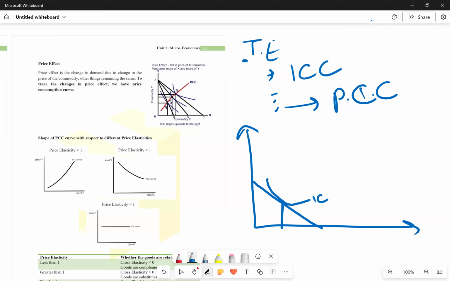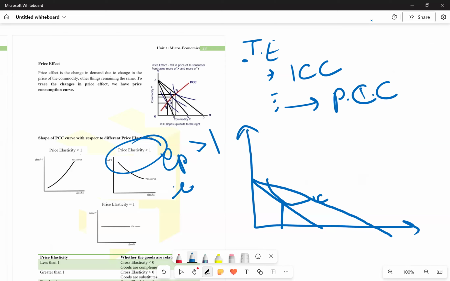Now, when price elasticity is high, that will show you that your change in quantity demanded is much more than your change in price.